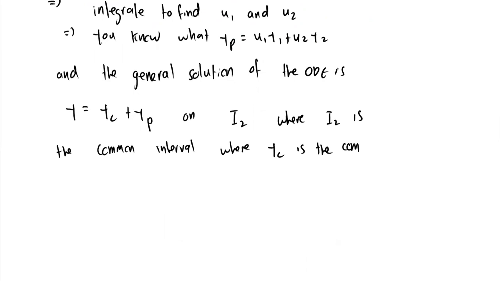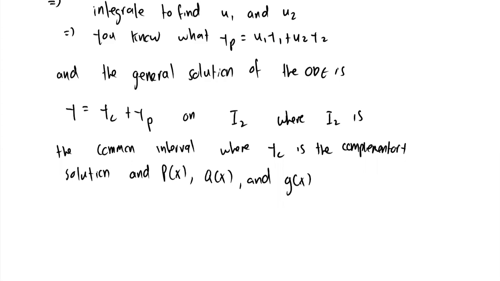We had an interval coming from there. And we also needed P of x, Q of x, and g of x to be continuous. So look at those two intervals, make sure that the interval works for both of these, and then that's the interval where it works. And we're done.